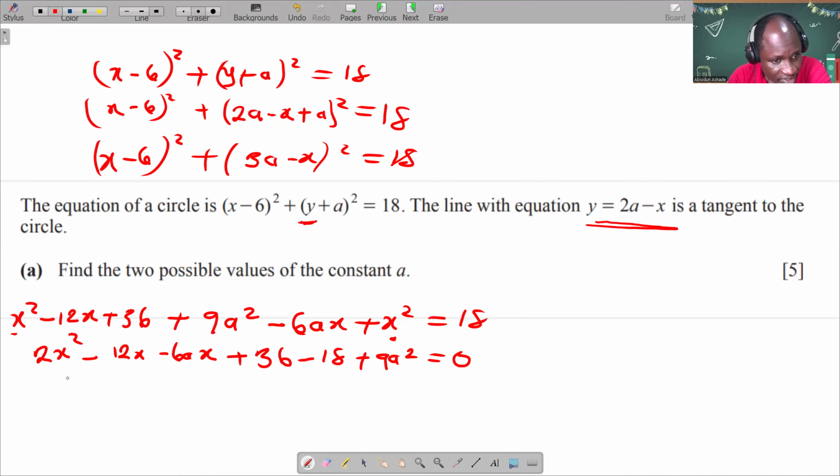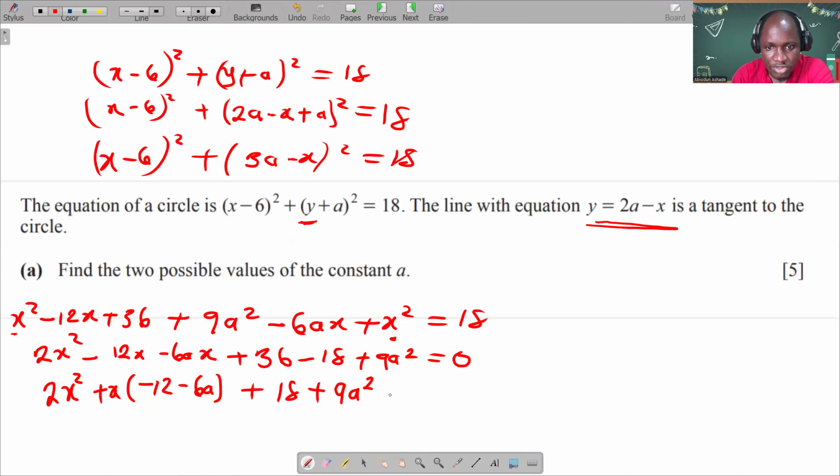So let's simplify further. We have 2x squared, and I want to factor out x so that I can know the coefficient of x: x times (minus 12 minus 6a). Then 36 minus 18 is 18, plus 9a squared, equals 0. If you look at this, it has given us a quadratic equation. The coefficient of our x squared here is 2.